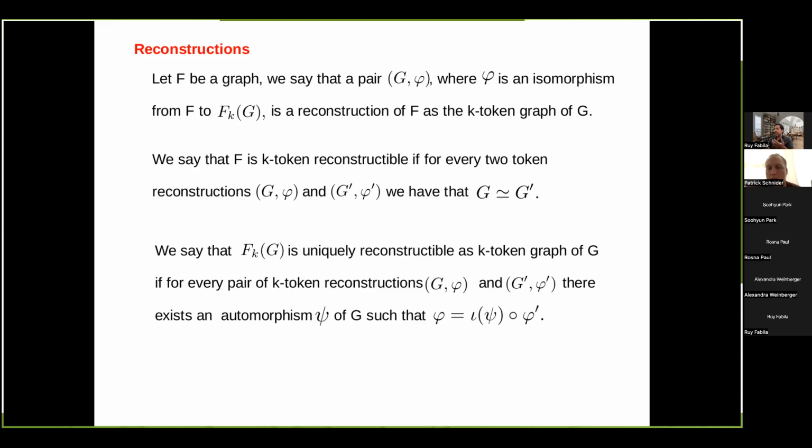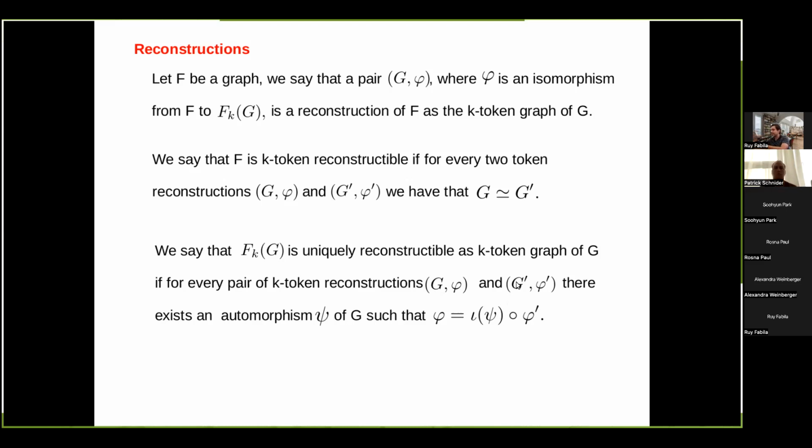That lets us define when F_k(G) is uniquely reconstructible as the k-token graph of G: whenever there are two reconstructions, there is an automorphism of G such that your isomorphism is just a composition of mine with an automorphism of G.